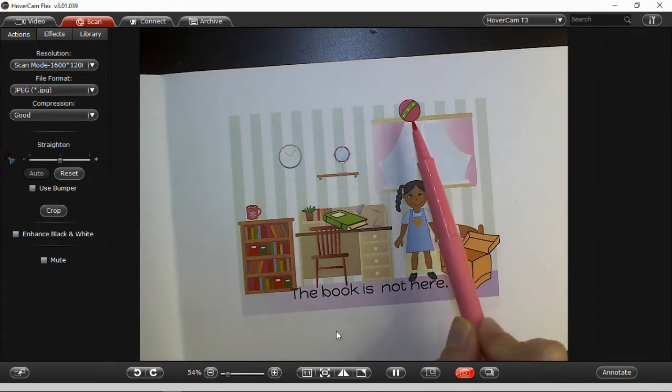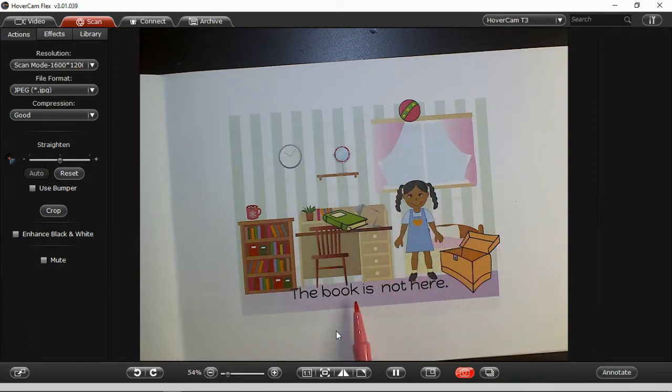Ball ends in an l sound. Is that an l sound? No. How about the word book? Book. Book ends in a k sound. Is this a k sound? It is. The book is not here.